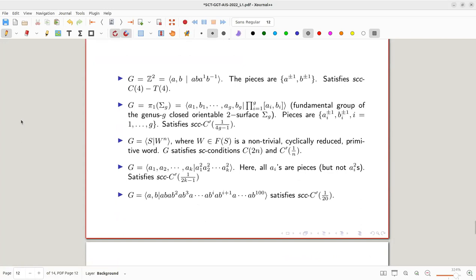So some of these I have already talked about. This one needs no further discussion, I guess. So we understand this. Now, if we have a group which is the fundamental group of a genus G surface, we see that the relator is this one, and the relator is a 4G-gon.